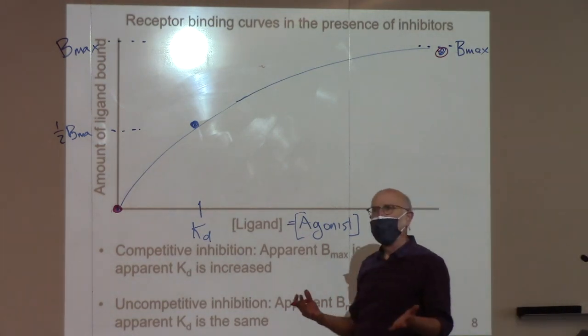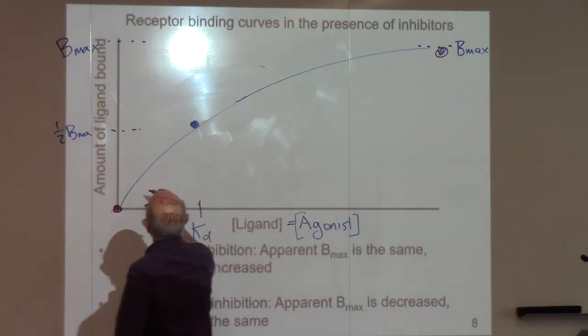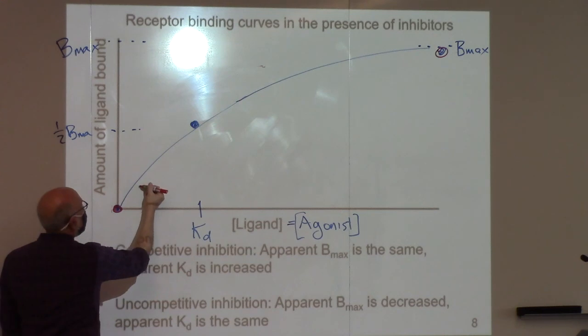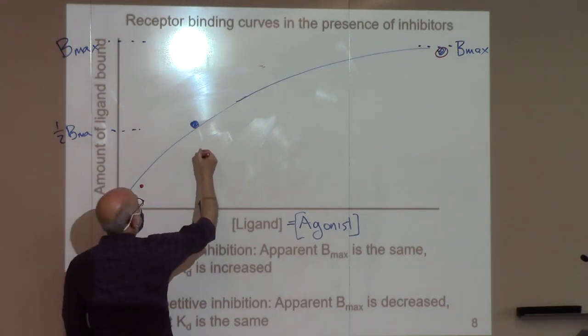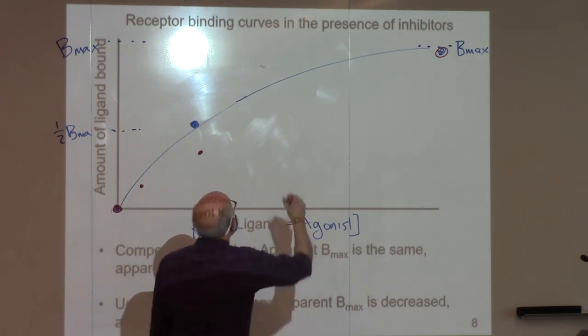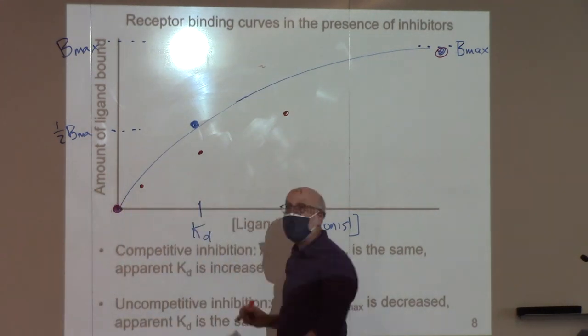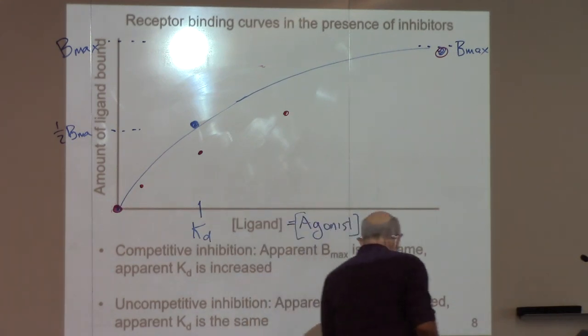But it's an inhibitor, so it's not going to follow the same curve. At this concentration of ligand, less is going to be bound if it's competing with the competitive inhibitor. And at this concentration of ligand, less is going to be bound, right? I'm just showing you that, yes, I still believe it's an inhibitor. Well, what am I doing here?